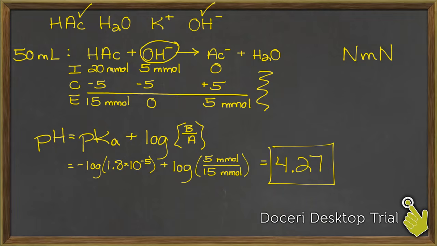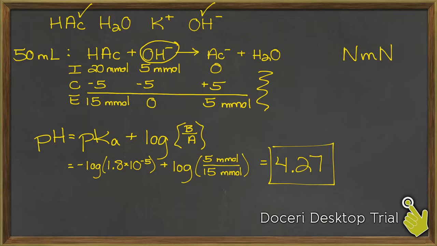And now look at what it is. It's a little bit higher. Why? Because we added more base. That should make sense to you. So we did an ICE table. We were left with a buffer. Because of that, we were able to use the Henderson-Hasselbalch equation to solve for our pH.